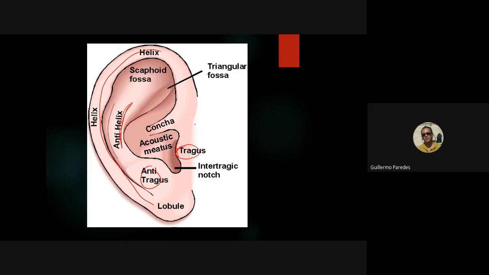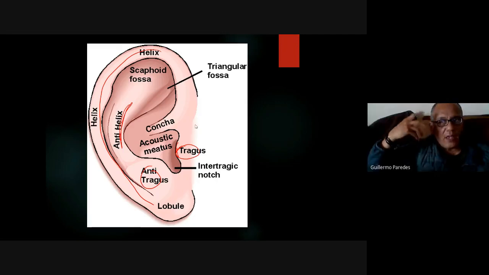Why? Because you can tell if the patient is having a toothache or headache or something that is confused with earache. Most likely the most common cause of pain of the ear is the middle ear infection. And how can you check for a middle ear infection? You can check by doing the tragus sign.